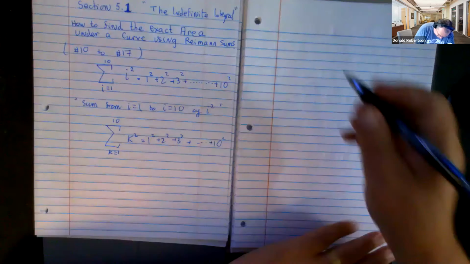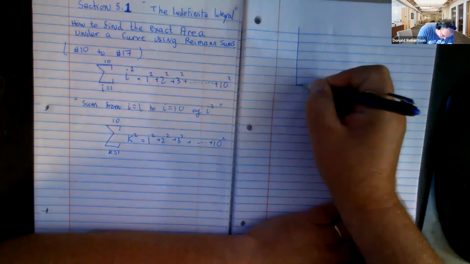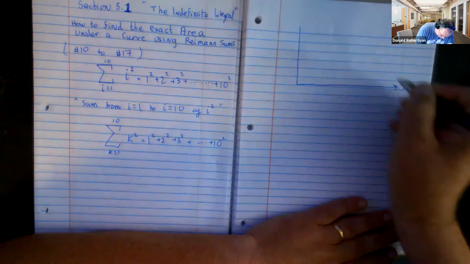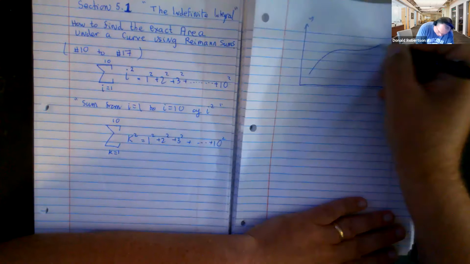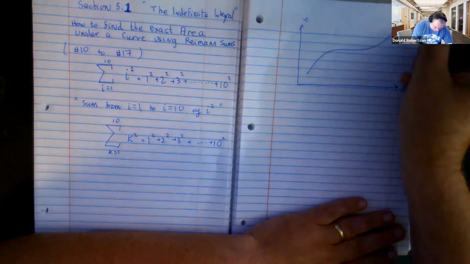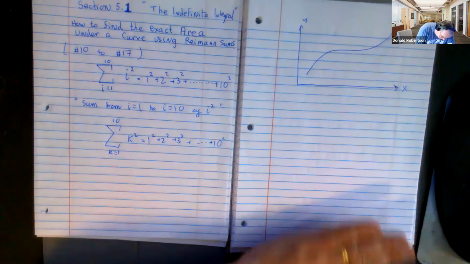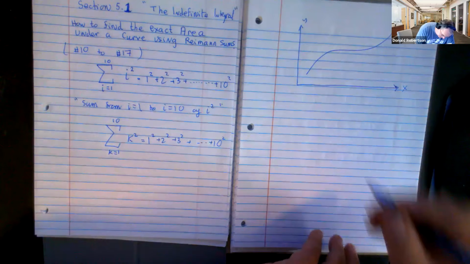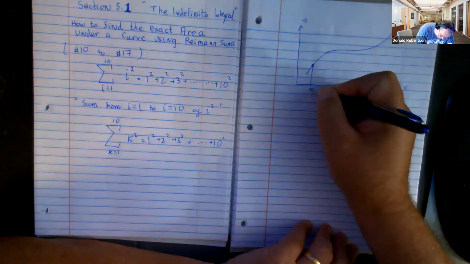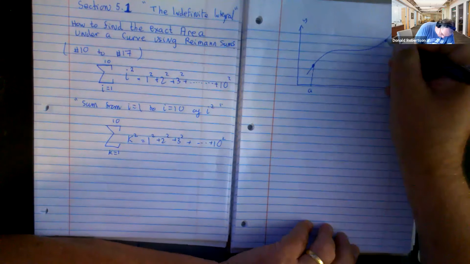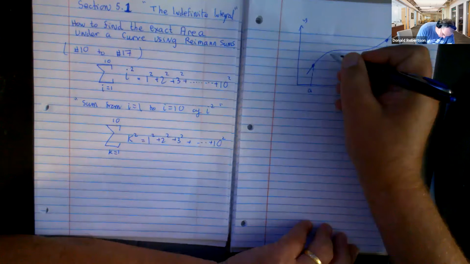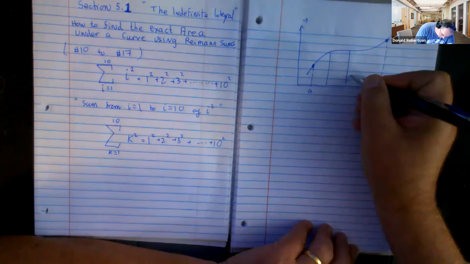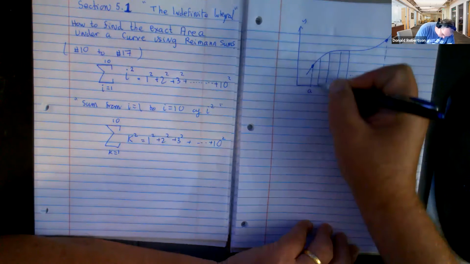Let's suppose that I have a function, and I'm going to make it very general. I'm going to avoid numbers at every opportunity. So it's just any old function called y equals f of x, and it's going to start at a, it's going to finish at b, and it's going to have some strips.